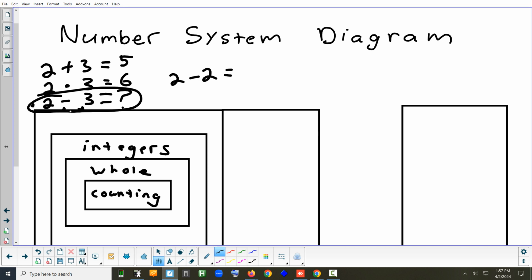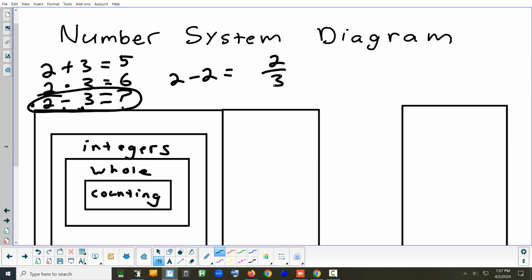So we took counting numbers and we added them, subtracted them, multiplied them. Can anybody think of something we could do with 2 and 3 that wouldn't even be an integer? Rational, yeah. We could try to divide them. When you're first learning division, you never do something like that, because 3 doesn't go into 2.